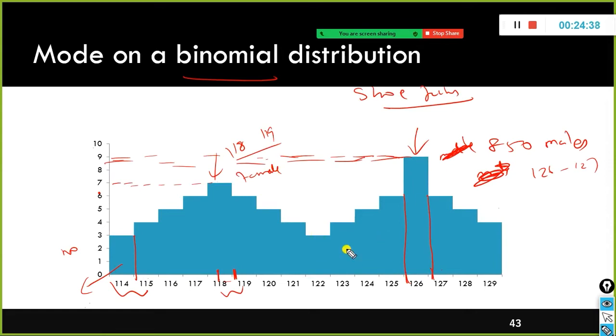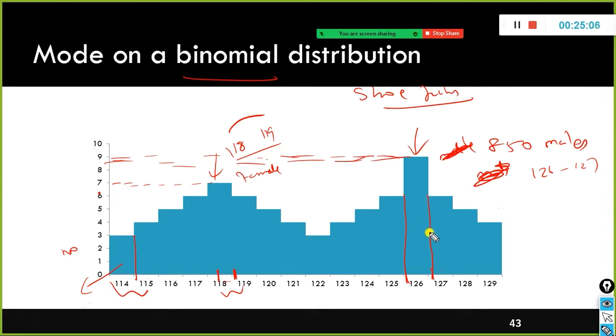So when you look at this visual, you should be able to tell majority of the female sizes are 118 centimeter to 119. Hence, if you produce 700 shoes in this size, it makes sense. Or rather, if you produce 114 to 115 centimeter size 700, what will happen? It will lie waste, lie idle, we will not be able to sell.